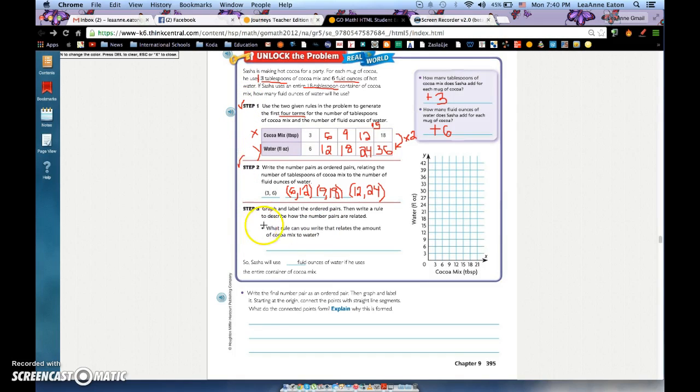Alright, so we're done with step 1 and we're done with step 2. Step 3 says graph and label the ordered pairs and then write the rule to describe how the number pairs are related. And so our rule is what we said here. We say for 3 tablespoons of cocoa.